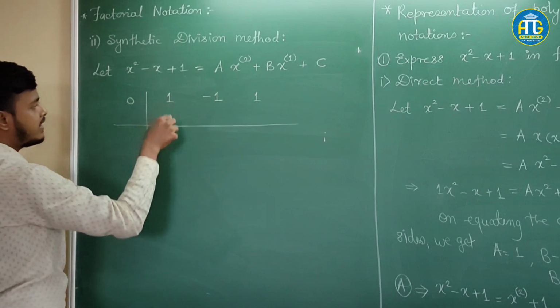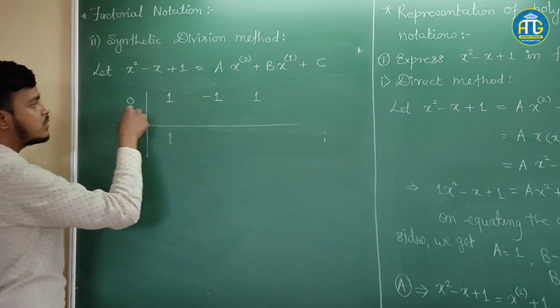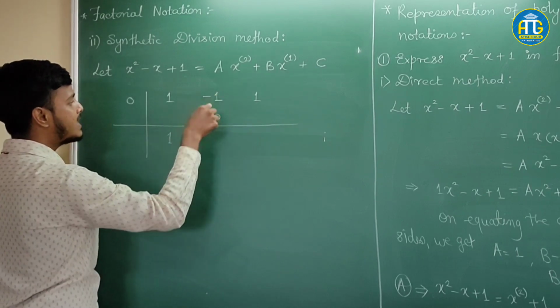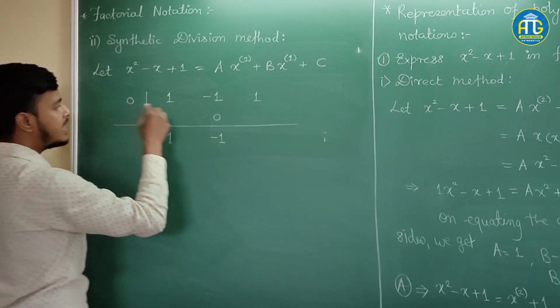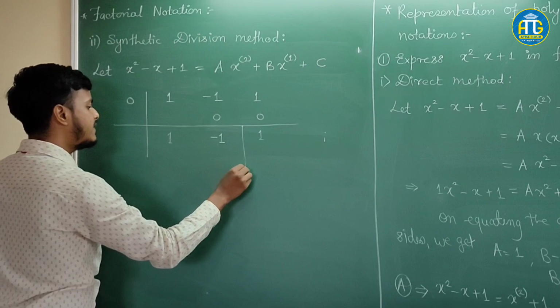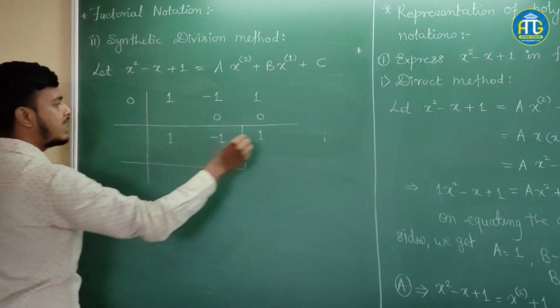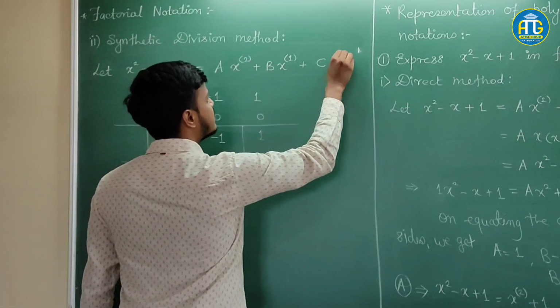Let us write 0 here. So we have 1 as it is. Write 1 as it is. 1 into 0 is 0. Minus 1 plus 0 is minus 1. Minus 1 into 0 is 0, 1. Leave the last term. Now we have taken, this is x raised to 0 factorial.